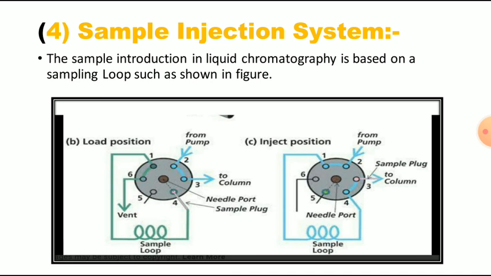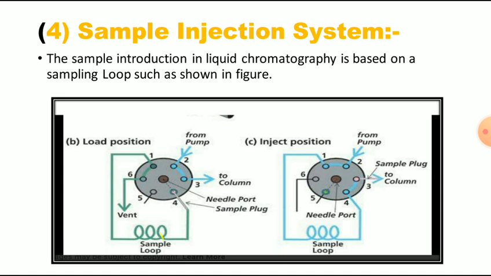When the load position is complete, that means the entire sample, whatever volume we require, we can take into this sampling loop, that will be present in the 1 and this 4 portion, right? Excess of the sample will be going through this 6 portion, but whatever volume we require, only that we can take into this sampling loop. This is the load position.